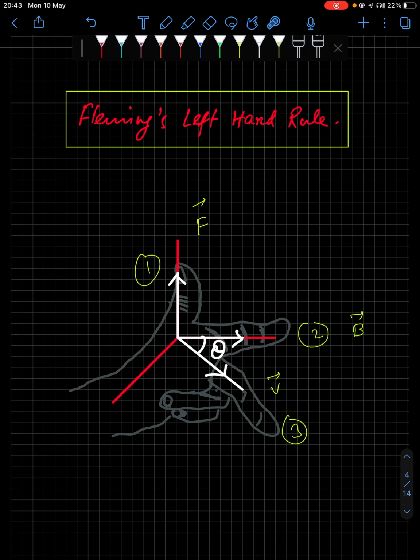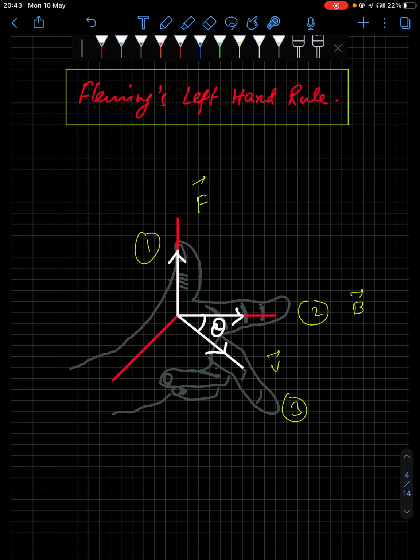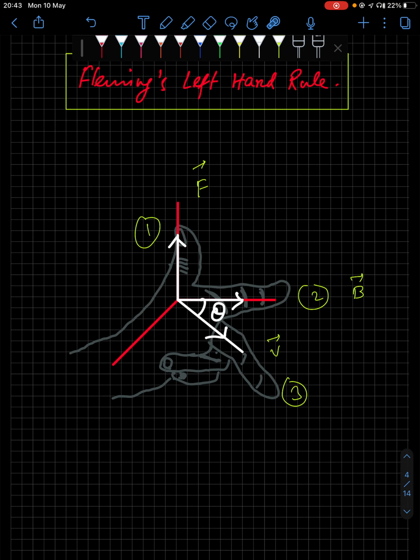Next we have Fleming's left-hand rule, which is used to find the direction of the magnetic force. In your left hand, align the forefinger, number 2, along the magnetic field direction, and align the middle finger along the velocity vector.